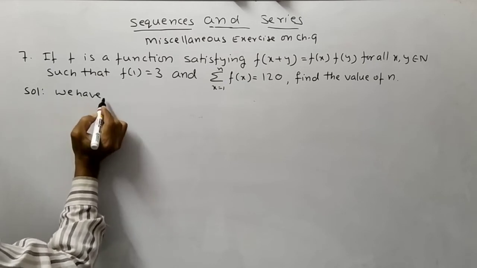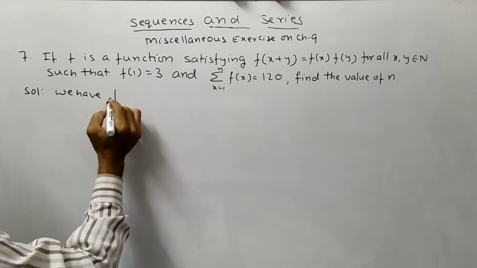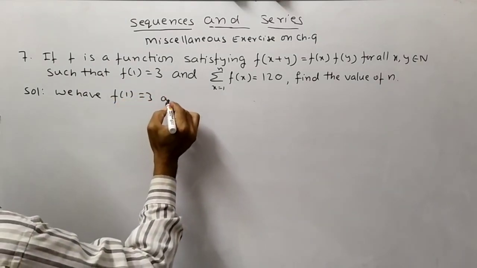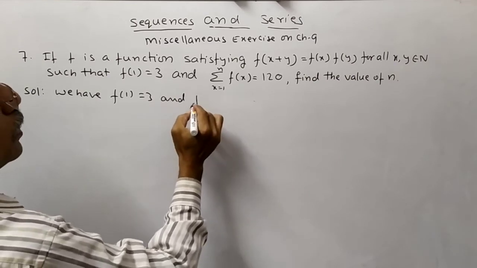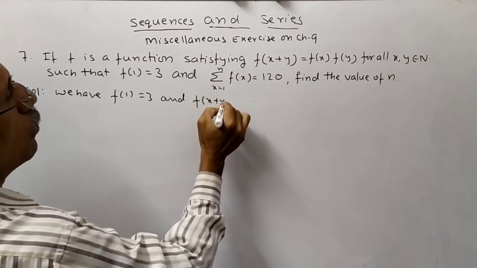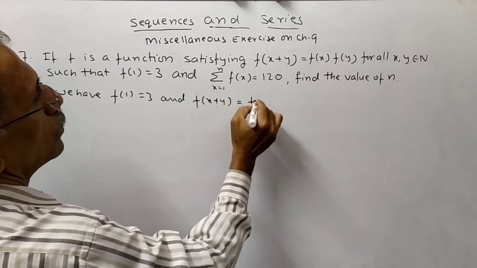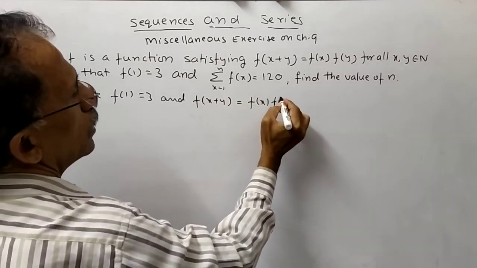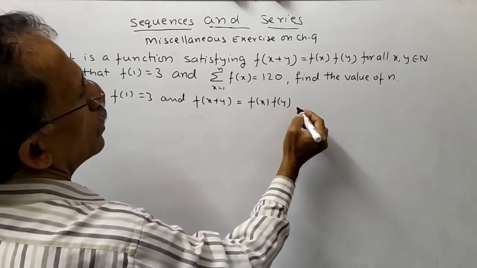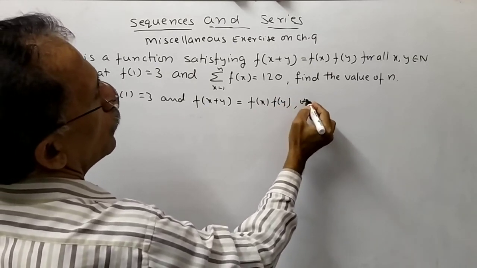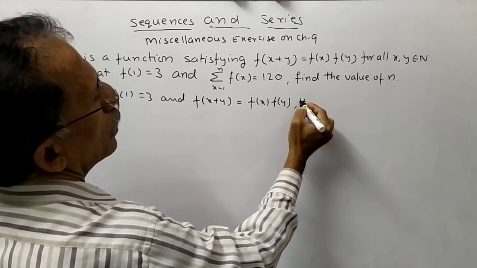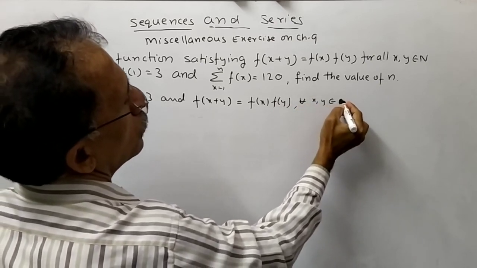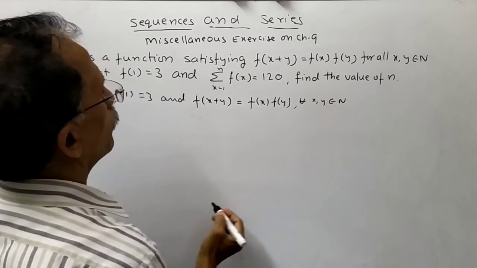We have f of 1 is equal to 3 and f of x plus y is equal to f of x into f of y for every x, y belongs to N.